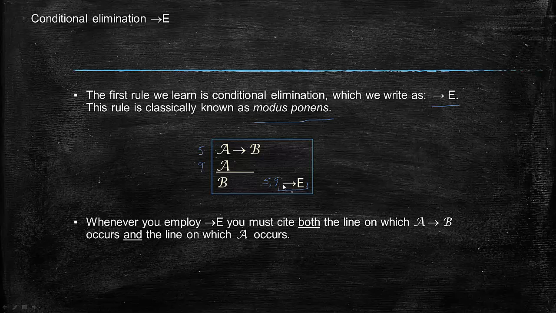So whenever you employ conditional elimination, you have to cite both the line on which the conditional occurs and the line on which A occurs. And this is kind of a hurdle that some people have a difficult time with.